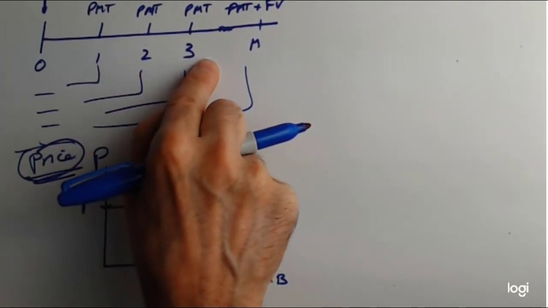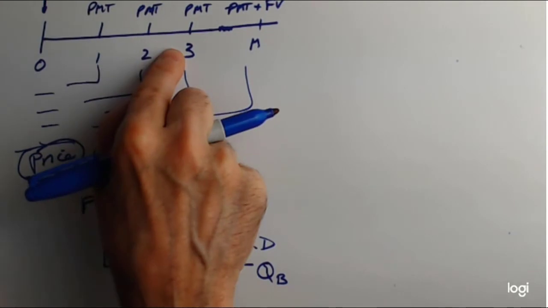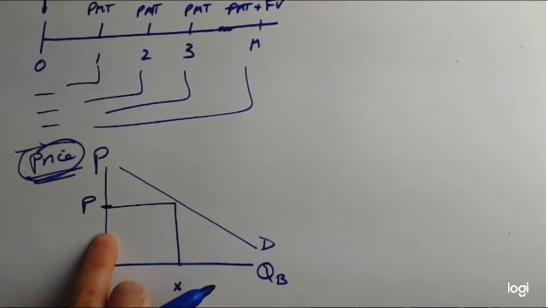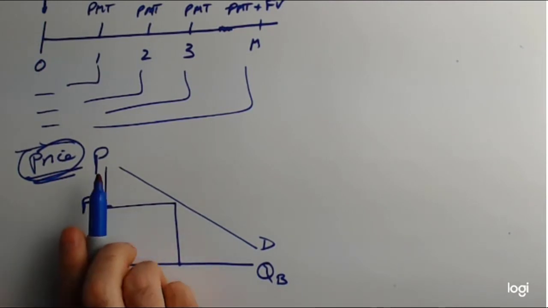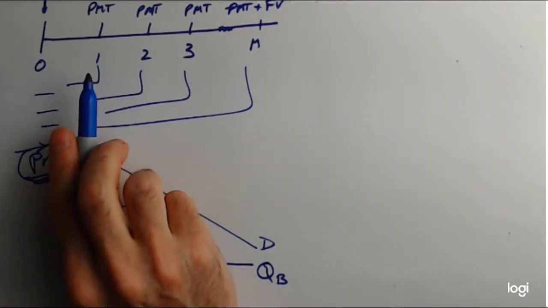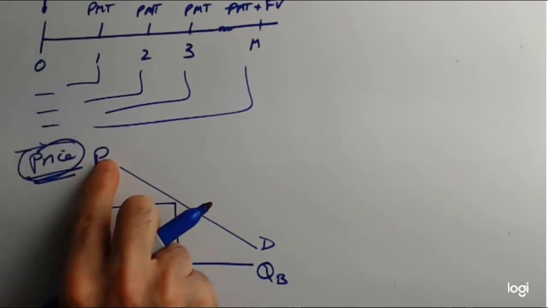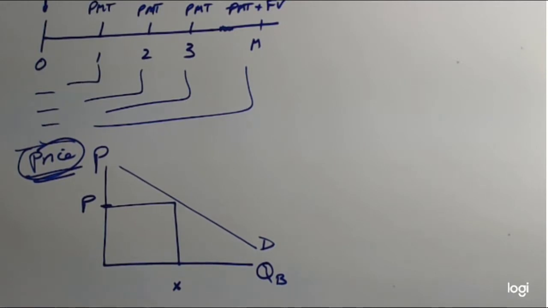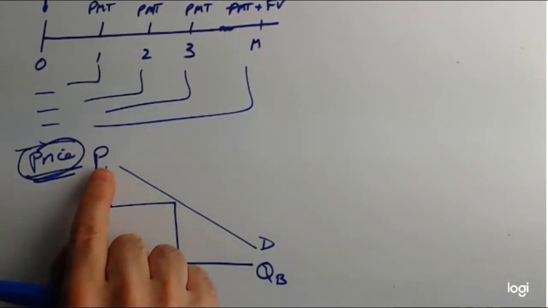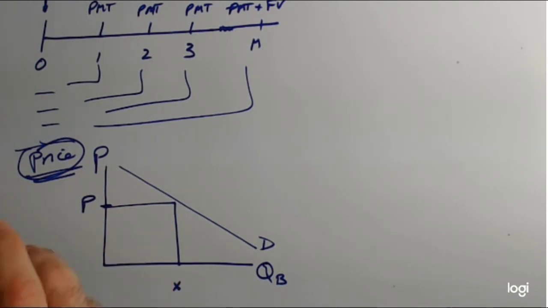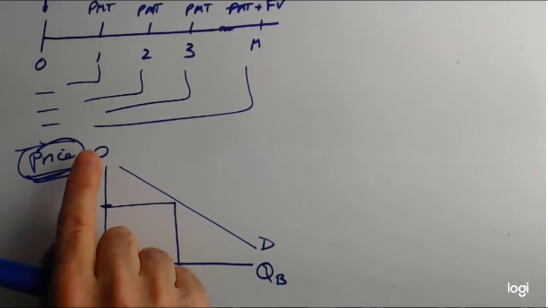So when you're looking on this axis, we're raising prices when we go up. But when you raise prices as you're going up, it means interest rates are falling. And when you're coming down, it means prices are falling, but interest rates are going up. So when you think of prices here, you need to flip your mind around and take the inverse and say, okay, prices went up, that means interest rates went down. And when prices go down, that means interest rates had to have gone up.